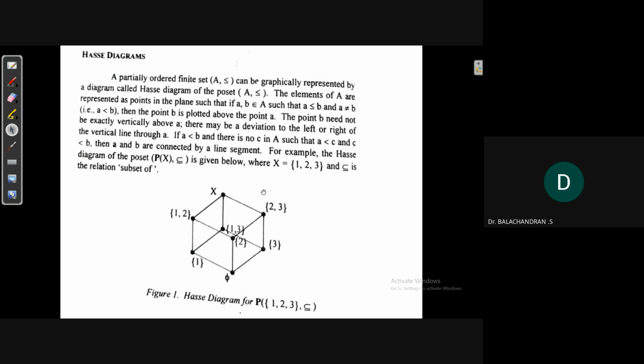We saw this type of Hasse diagram already, with A, B, C instead of 1, 2, 3: the power set of {1, 2, 3} under set inclusion. Start with the empty set, then 1, then 2. You can easily write it by replacing A, B, C by 1, 2, 3 and drawing the diagram.